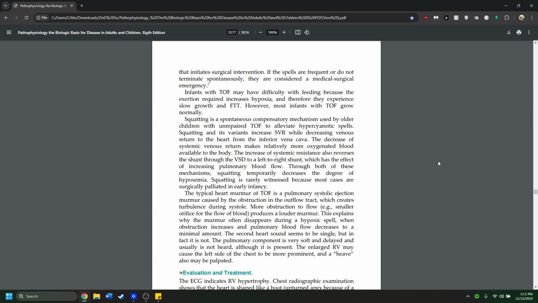The second heart sound seems to be single, but in fact it is not. The pulmonary component is very soft and delayed and usually is not heard, although it is present. The enlarged right ventricle may cause the left side of the chest to be more prominent, or a heave may also be palpated.